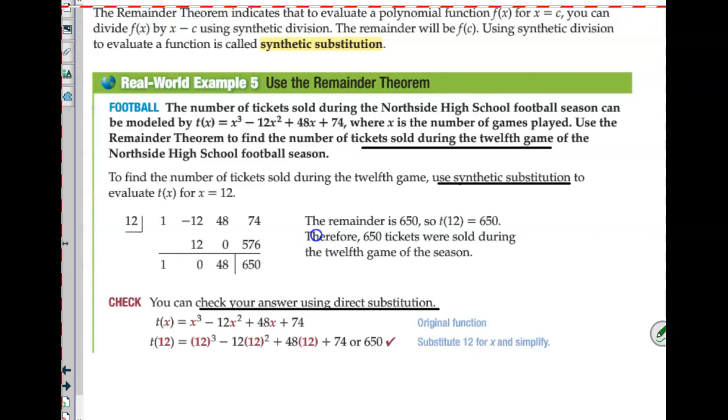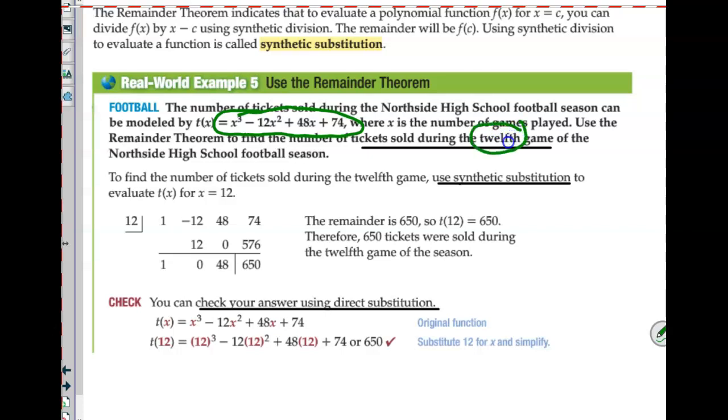Here's an example, but it says, the number of tickets sold during the Northwood High School football season can be modeled by this disastrous equation, where X is the number of games played, and that will give us the number of tickets sold. It says, use the remainder theorem to find the number of tickets sold during the 12th game.